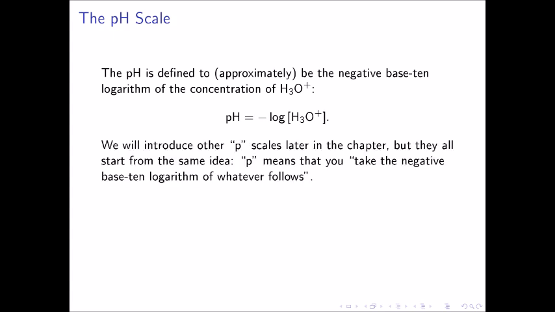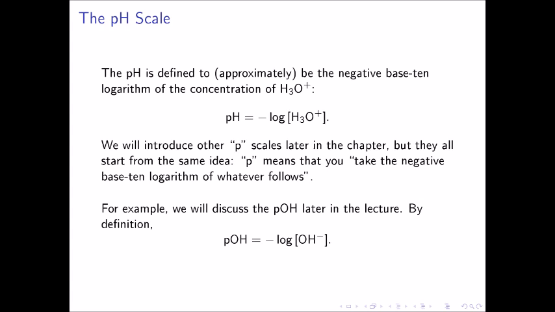We will introduce other p scales later in the chapter, but they all start from the same idea. When we see this lowercase p, it means that you take the negative base 10 logarithm of whatever follows. For example, we will discuss the pOH later in this lecture. By definition, since hydroxide ion follows the lowercase p, pOH is defined to be the negative base 10 log of the hydroxide ion concentration.